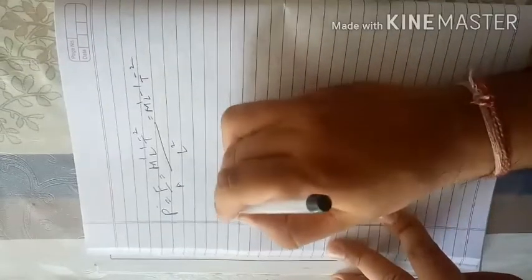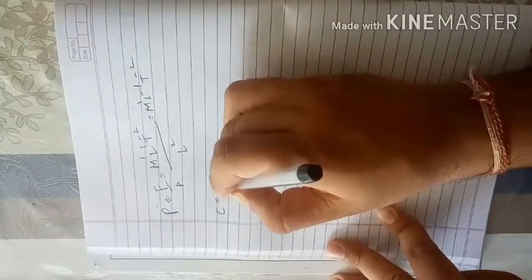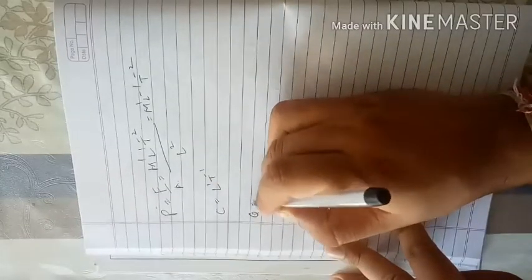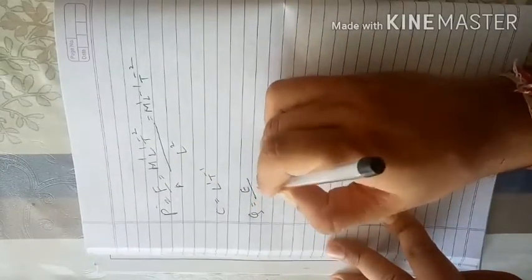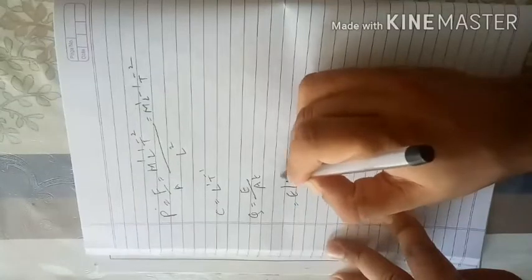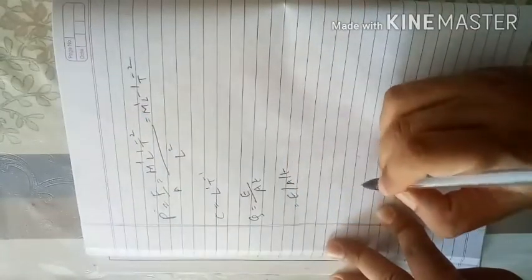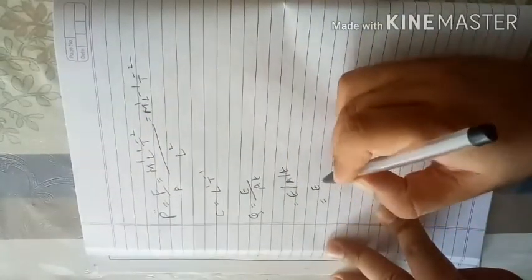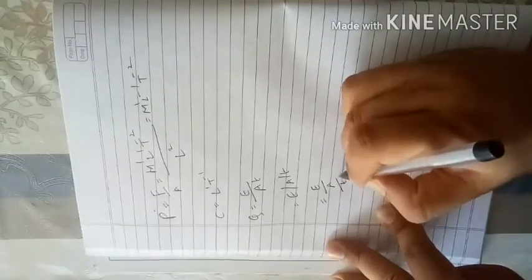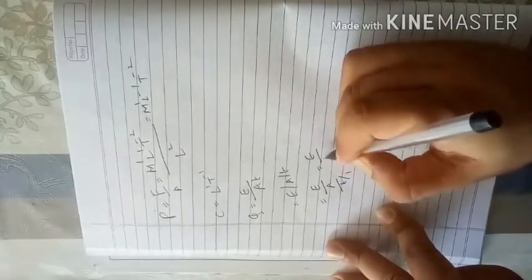Speed of light is meter per second, so that's L1 T minus 1, and we have Q, the energy striking per unit area per unit time. So that's basically energy by area into time.